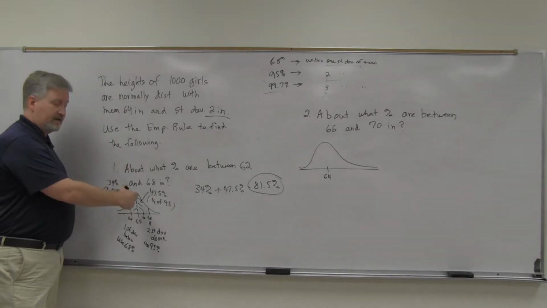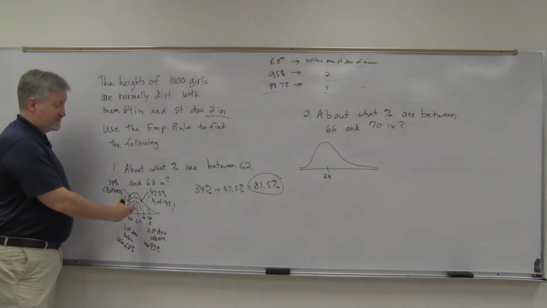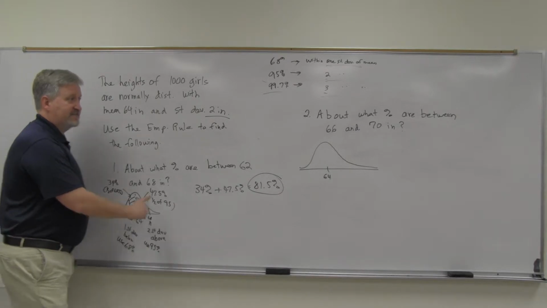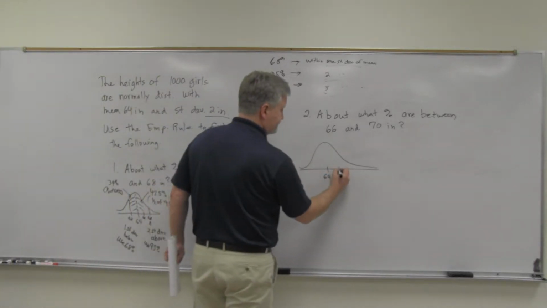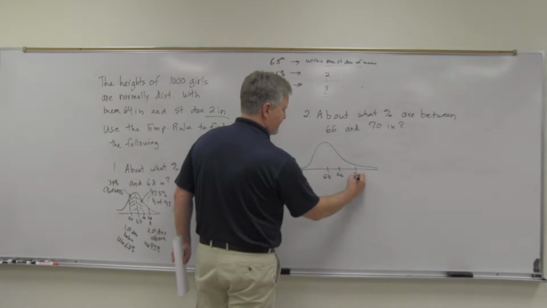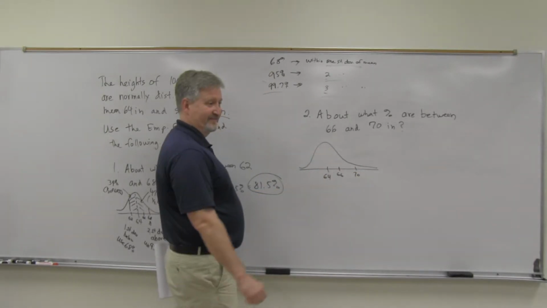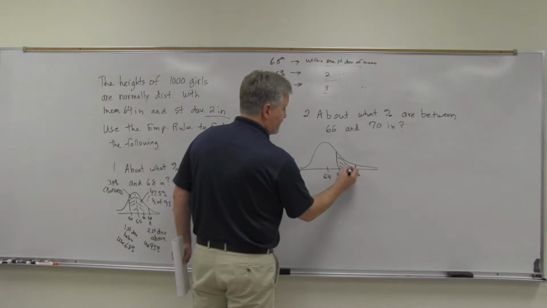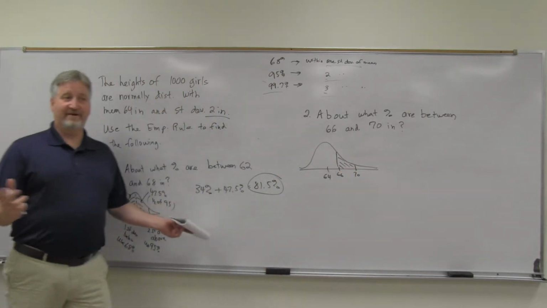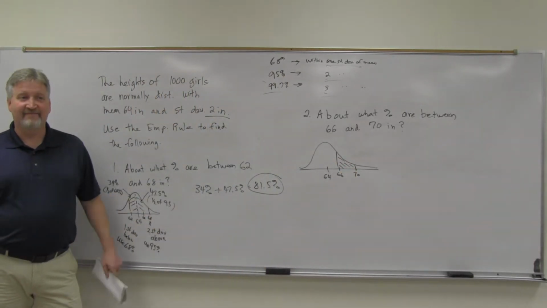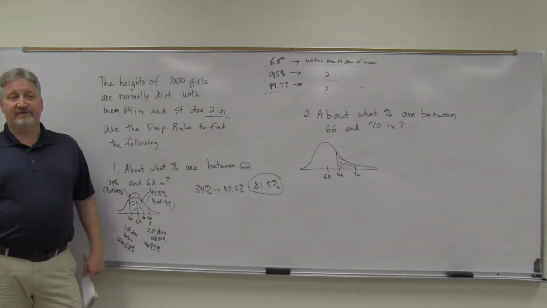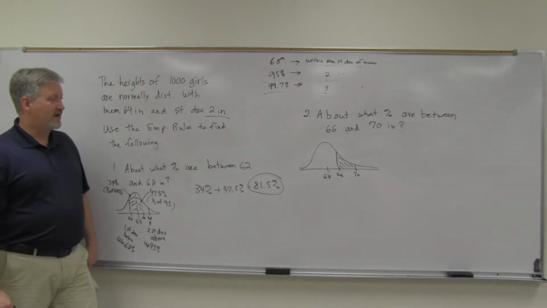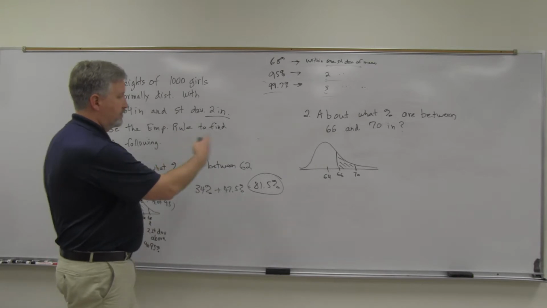In this case I've got 66 over here, and also 70 over here. They're on the same side. I want to know the percentage between them. Do note those are on the same side, so that's going to change something in a second. But it's still the same thing, using the empirical rule.